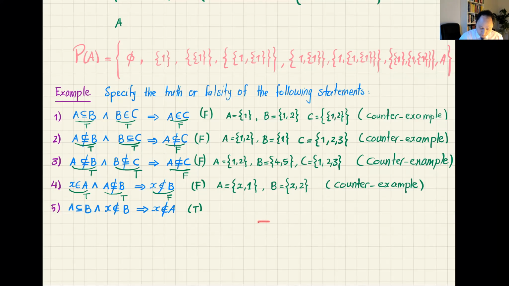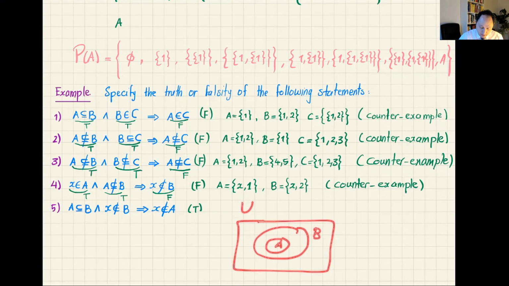This is U, and the set A is contained in set B, yes? If something does not belong to B, it means that it should be somewhere here. When it is not in B and A is already included in B, you immediately see that this point is not also in A. So that is actually a true statement, apparently, by this Venn diagram.